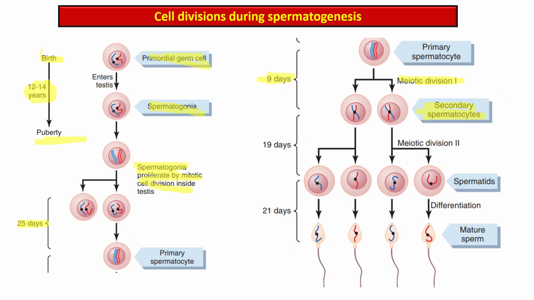then each secondary spermatocyte is converted into a spermatid containing the haploid number of chromosomes.